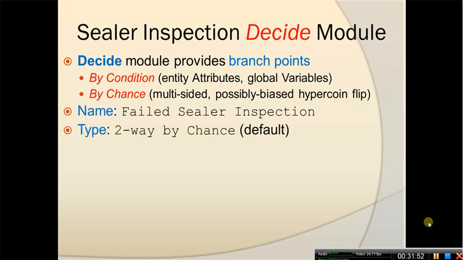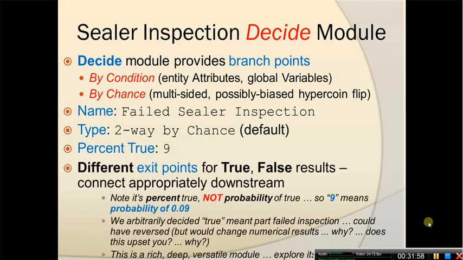It will be two-way by chance, and that's actually the default for the decide. And the percent true will be 9%. So again, there are going to be different exit points for true and false results, so we need to connect appropriately downstream. And again, important to keep in mind, it's percent true and not probability of true. So 9 means probability of 0.09.